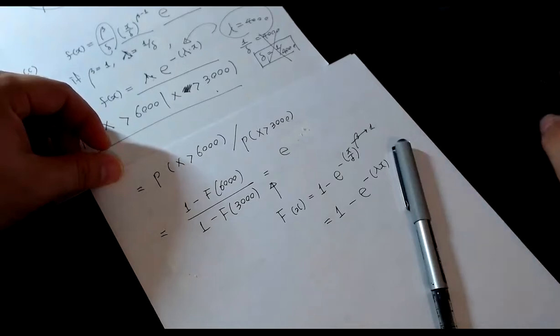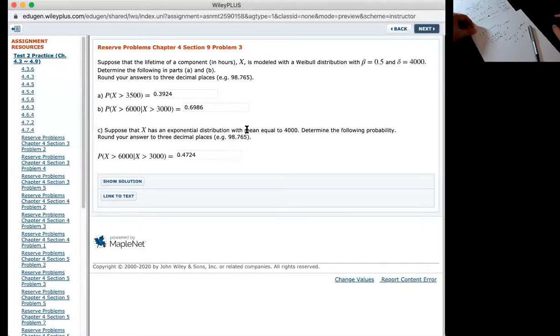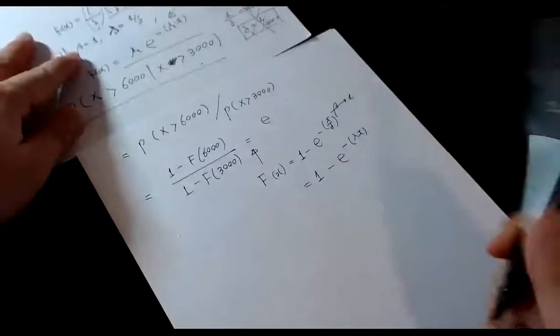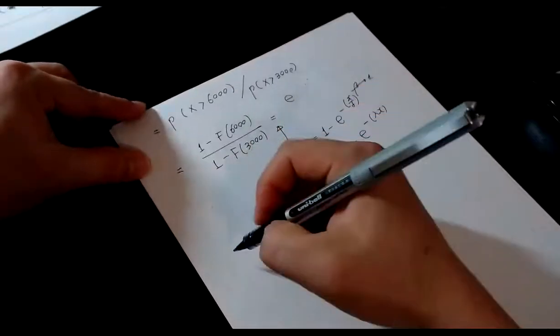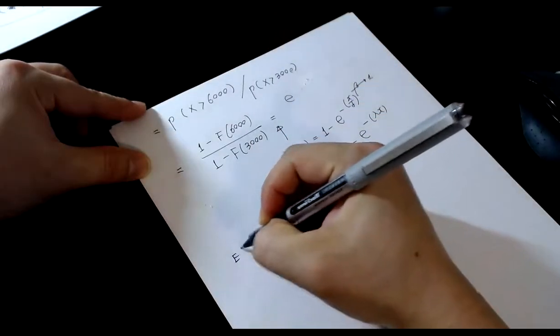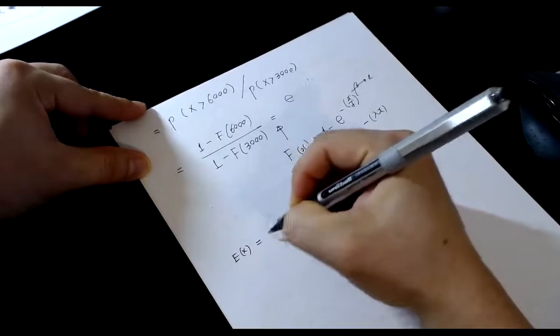So let's see the problem again. The problem says the mean is equal to 4,000. Here mean is expected value. So the mean, expected value E of x, is 4,000.